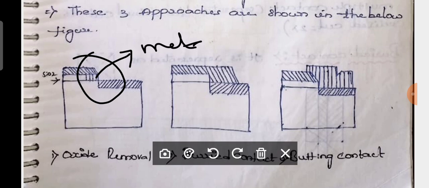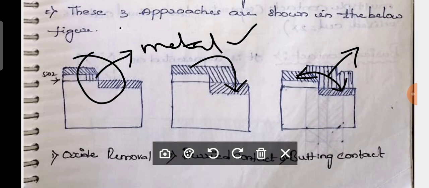Is it clear? And in butting you have to use an extra metal to give the connection between poly and diffusion. But here you can observe that just poly is coming over diffusion, you do not use any metal, and it saves a lot of area. Therefore it is the best approach among these three approaches for giving the connection between poly and diffusion.